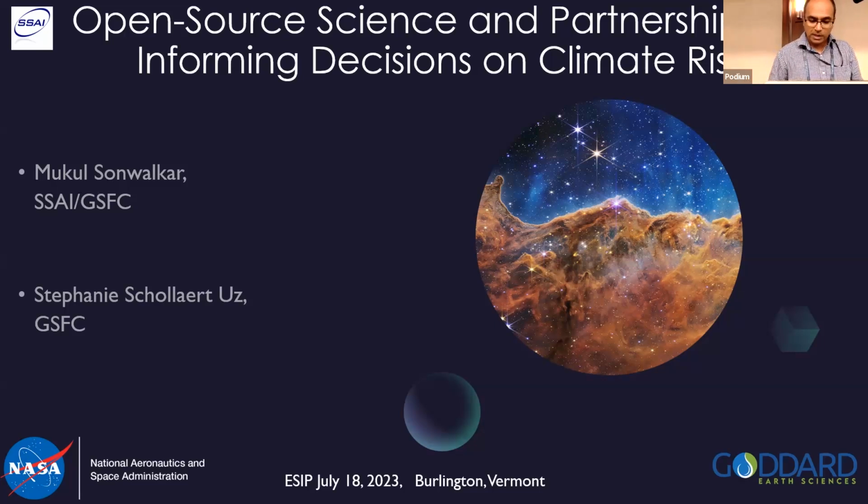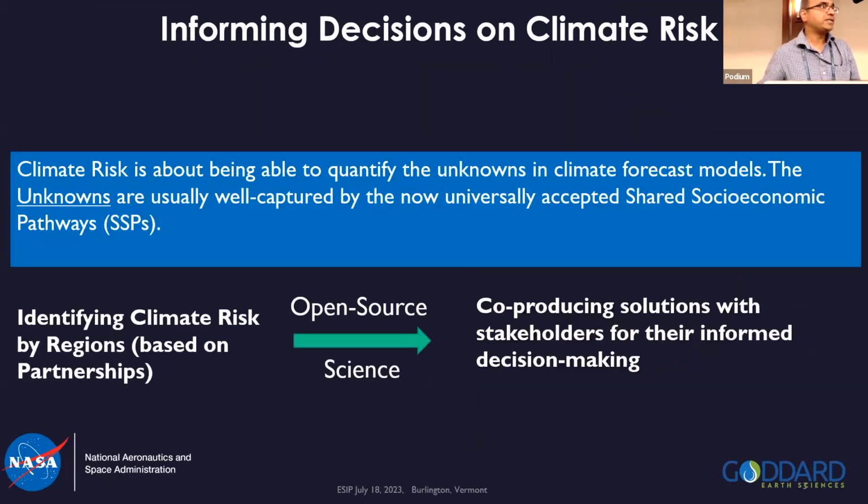So I'm going to first start off with the big picture, which is climate risk and how it affects communities. That's where we have our first baseline of information that we want to start collecting.